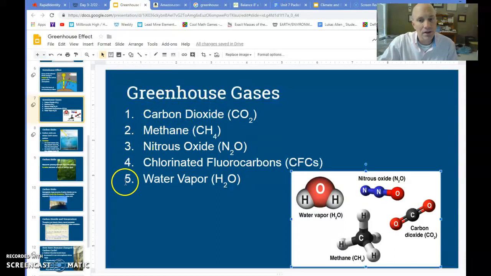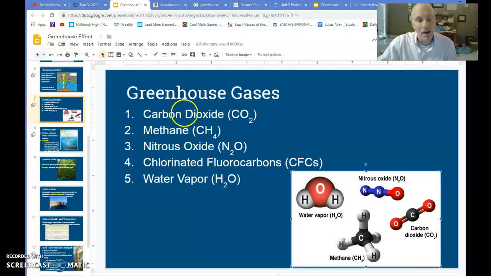Here's a list of the major greenhouse gases. Most of these greenhouse gases are actually naturally occurring materials. The only thing on this list that is arguably not naturally occurring would be the CFCs, the chlorinated fluorocarbons.